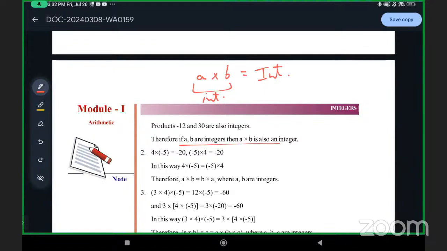Then in multiplication, a into b will be equal to b into a when a and b are integers. It means that 2 into 3 will be equal to 3 into 2. 6 here and 6 there. And 6 is an integer because 2 and 3 were positive integers, so 6 will be a positive integer.